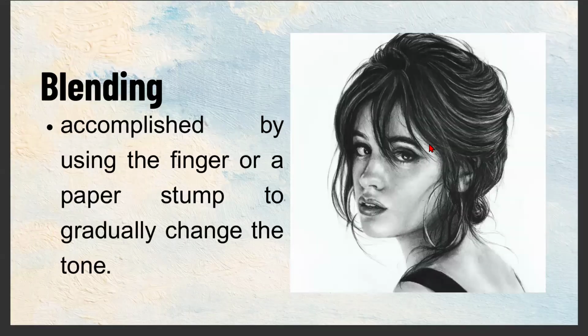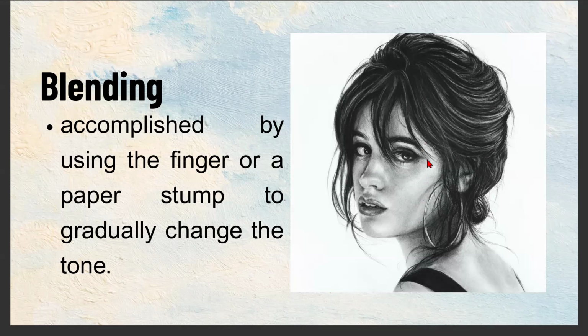The next one is blending. Blending is commonly used to create smooth transitions of tones. As you can see in our example, there are a lot of transitions going on here.